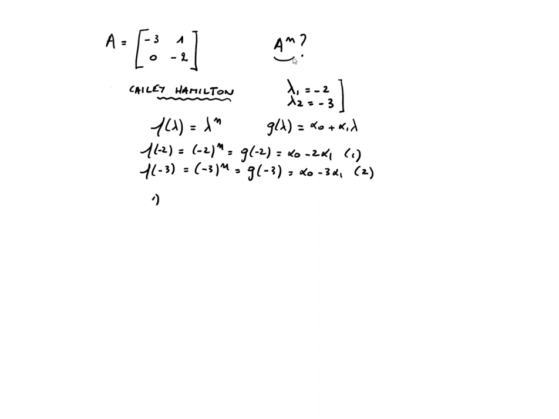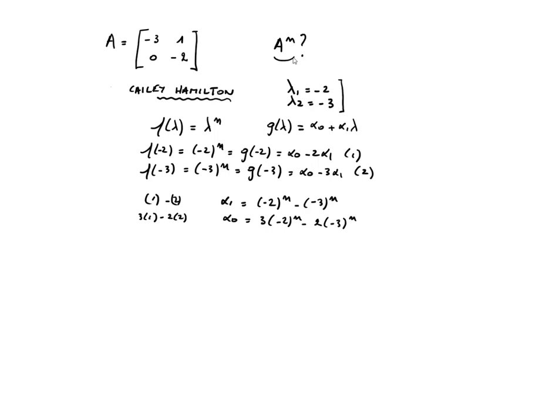So if we take the first one minus the second one, we obtain that alpha 1 is (-2)^n minus (-3)^n, right? And if we do 3 times 1 minus 2 times 2, we obtain that alpha 0 is 3 times (-2)^n minus 2 times (-3)^n, right?